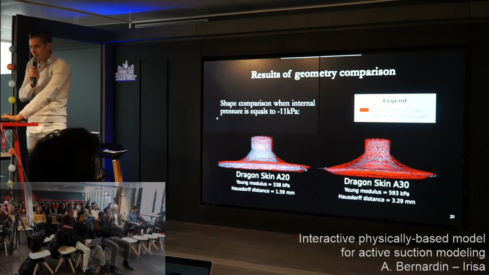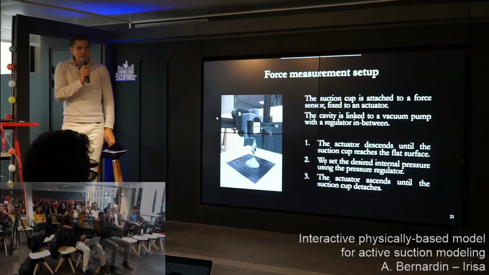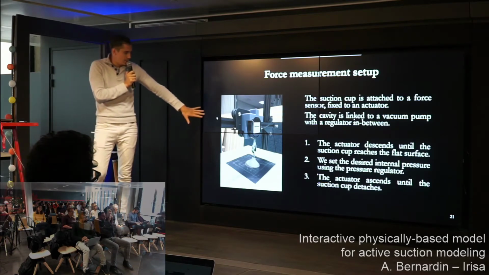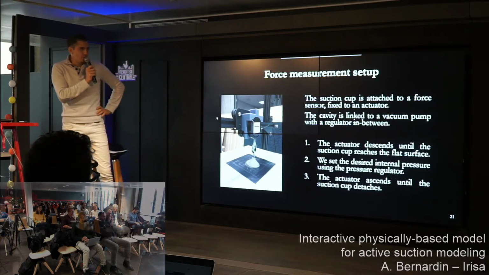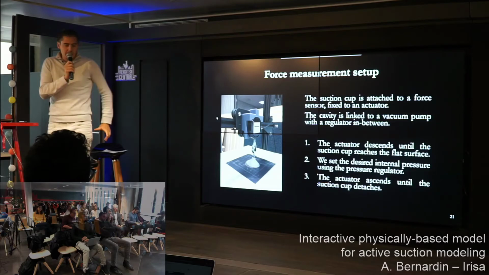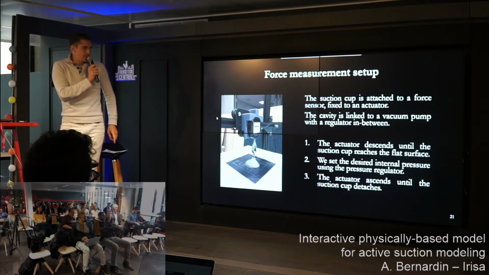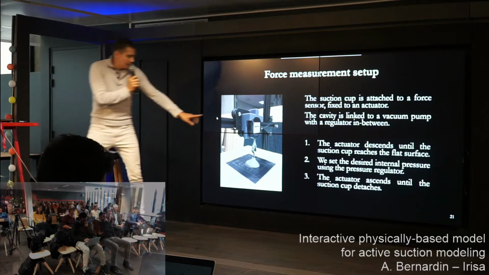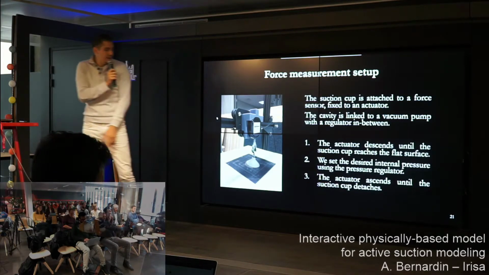So that's it for the geometry comparison. And for the force measurement experiments, we have this setup. We have the suction cup, which is hooked to a force sensor, and it is fixed to an actuator. As in the first experiment, we still have the connection between the vacuum pump and the cavity.